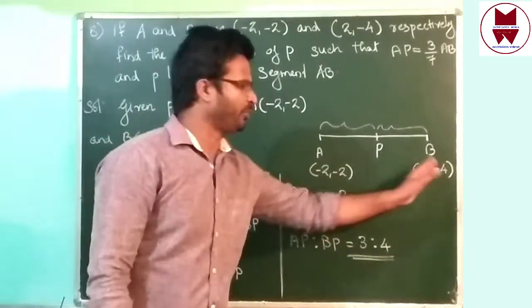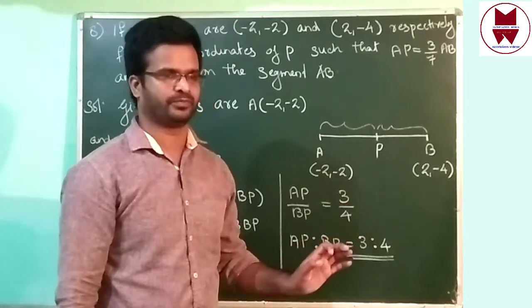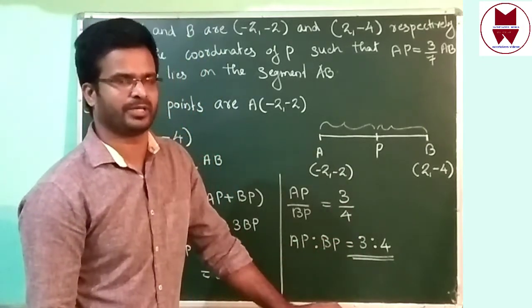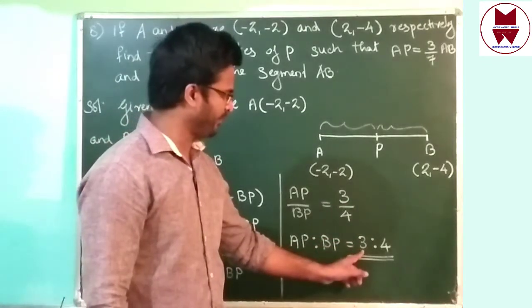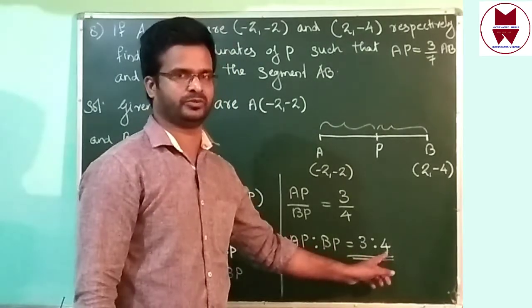If you have 2 points, then the ratio also, then we can use the section formula, isn't it? Then here this is m1, next 4 is m2, isn't it?